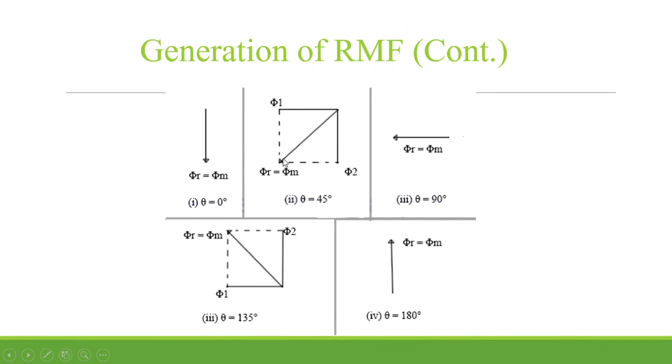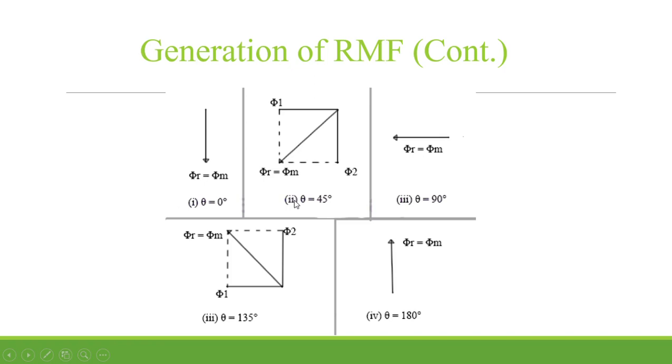If you calculate the resultant, what will be the resultant? This is root 2 times 1 upon root 2 times. This is also 1 upon root 2 times. Surely this parallelogram is a square, so this diagonal will be root 2 times the side. So root 2 times 1 upon root 2 will give you the resultant as phi m. So for theta equals 45 degree, the resultant is again phi m.